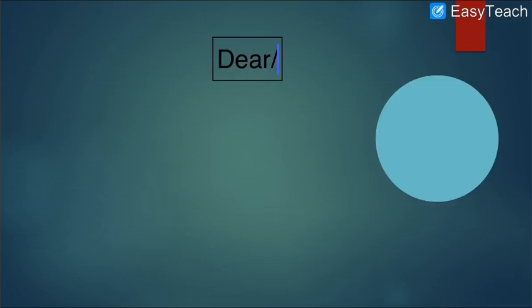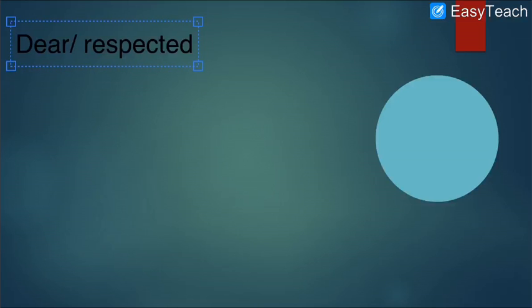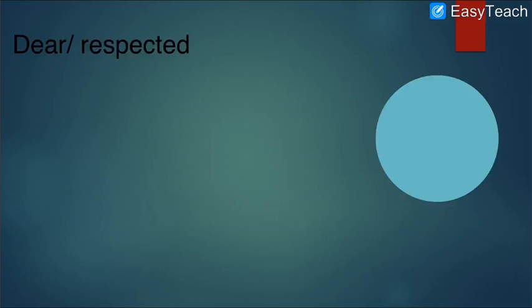Dear, or you can use respected. These are the 2 things I will suggest you to use. Dear you can use if you are writing the letter to any relative or your friend. Respected you can use if you are writing the letter to your teacher or to your principal and so on.